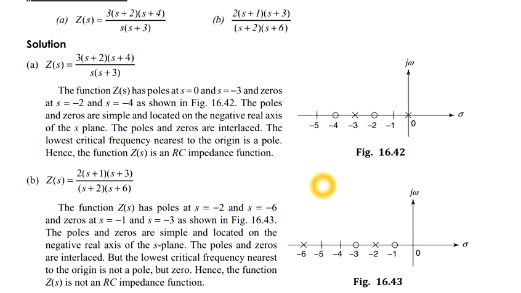But there is one property which is not satisfied here. For an RC function we need a pole near the origin, but here we have a zero, which violates the property. With this we can directly say that part B is not an RC function. That's it. This is how we need to check whether functions are RC functions or not. Thank you.